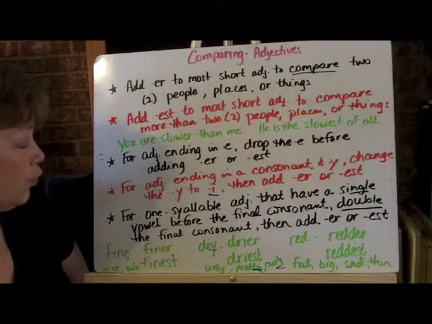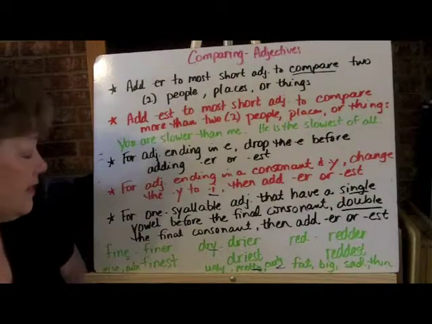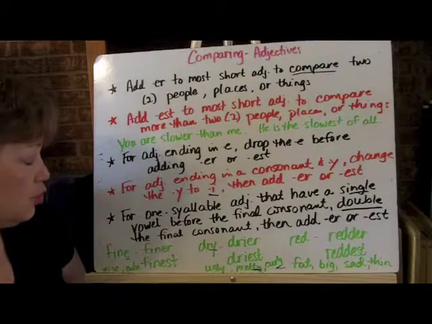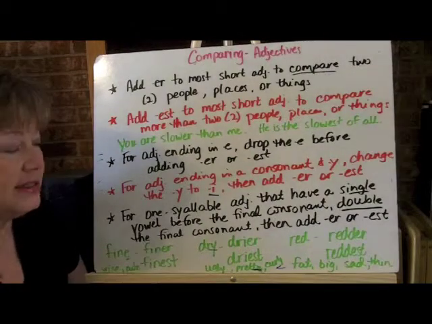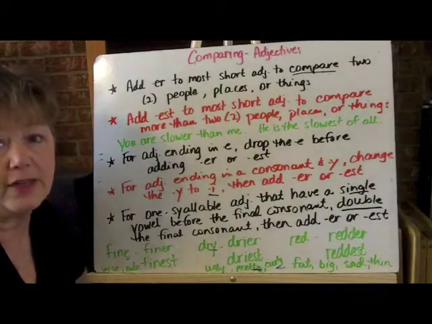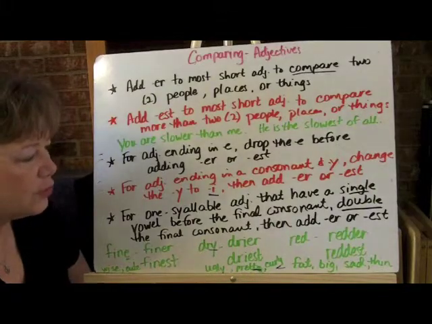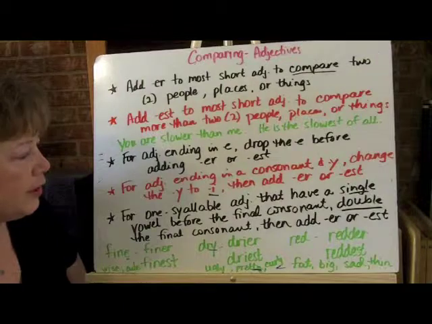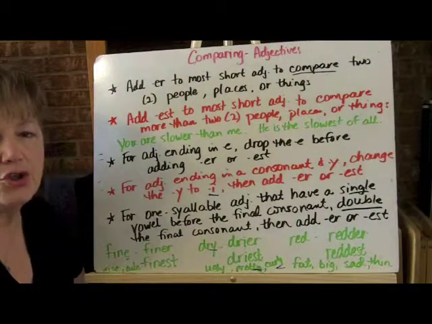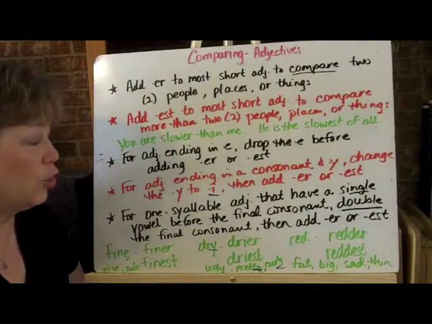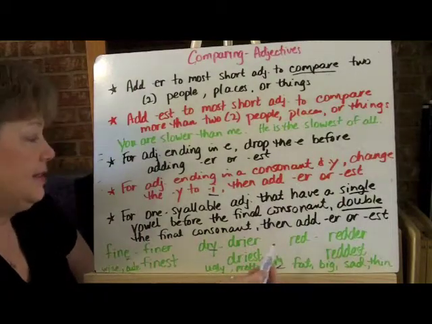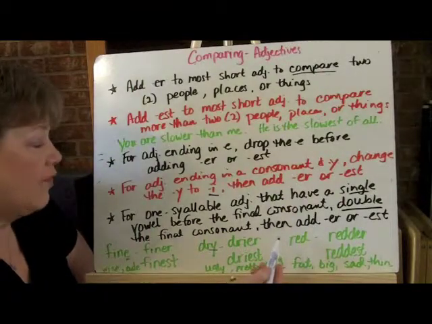The last one is for one-syllable adjectives that have a single vowel before the final consonant, you double that final consonant, then you add the ER or the EST. And these are usually short, most of the time short vowel sounding words. My example here is red. It has a single vowel.